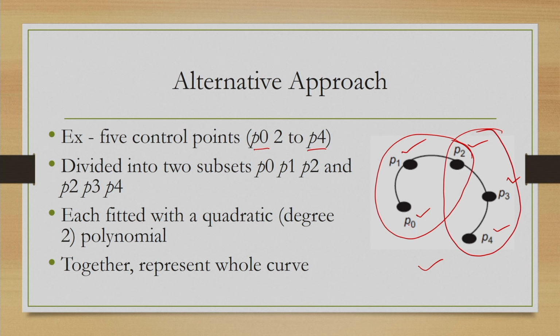In one subset we have 3 control points P0, P1, P2, another subset we have another 3 control points P2, P3, P4. For each of these subsets we draw a quadratic or degree 2 polynomial, and then when they join together we get the overall interpolated curve. That is the basic idea.